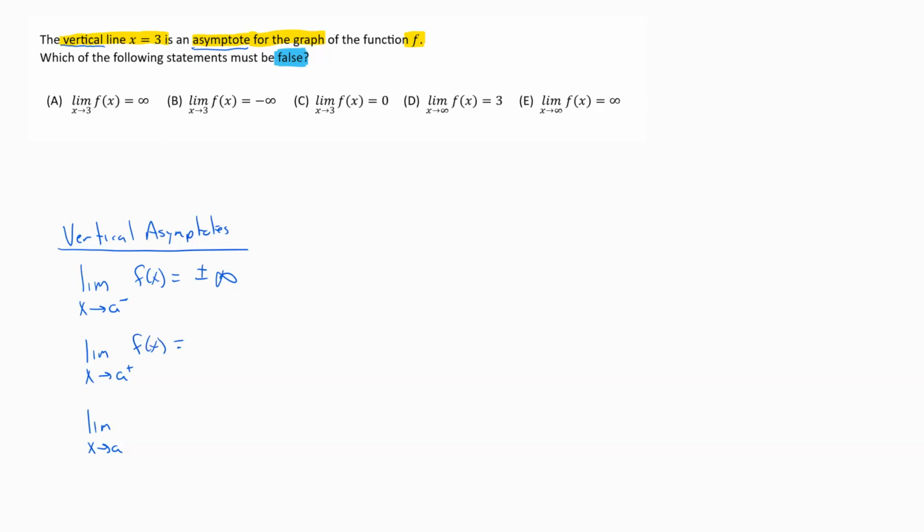A vertical asymptote means that the answer to the limit problem has to be plus or minus infinity.